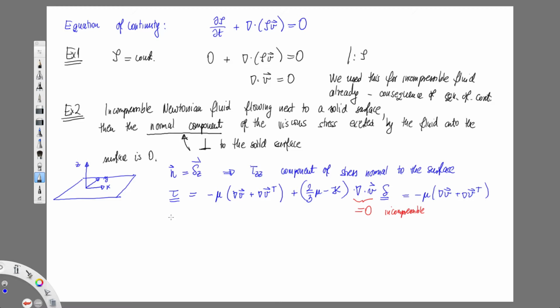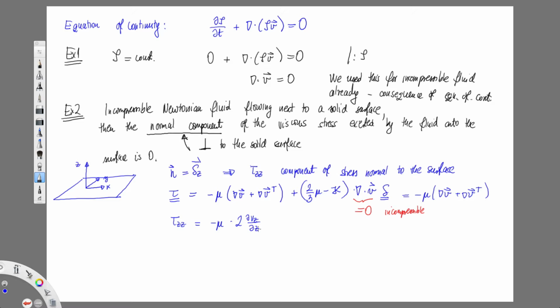Now tau ZZ will then be what? What do I have left here? dVz, I hope that's what I hear. Now I have to somehow make use of this knowledge that I have an incompressible fluid.